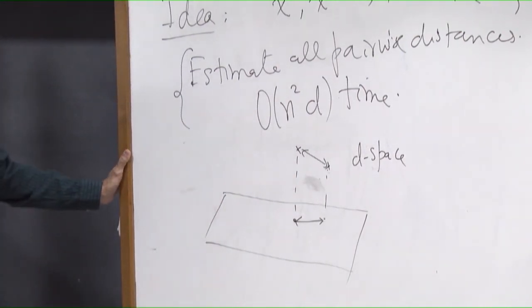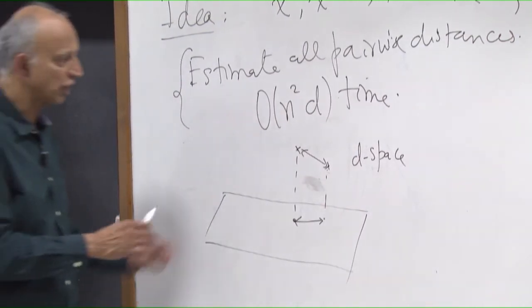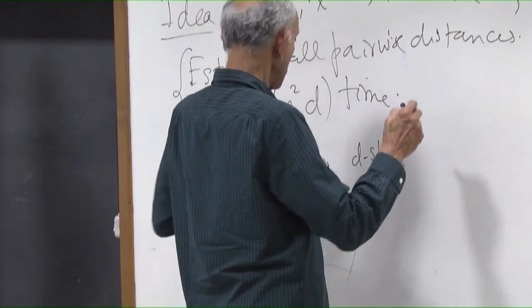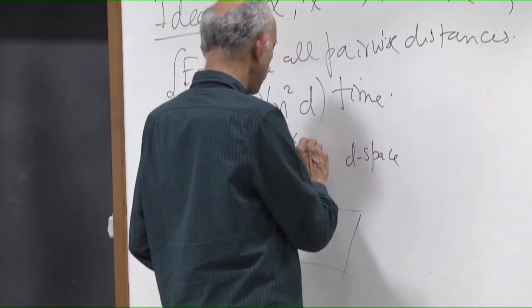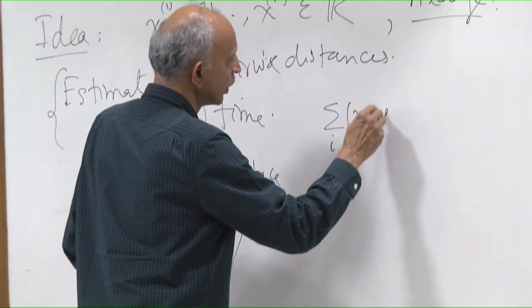There's a known scale factor, but otherwise it's almost exact. So let's see what we expect here before we go on. Let's call this point x, this point y. I want to estimate the sum of (xi minus yi) squared.